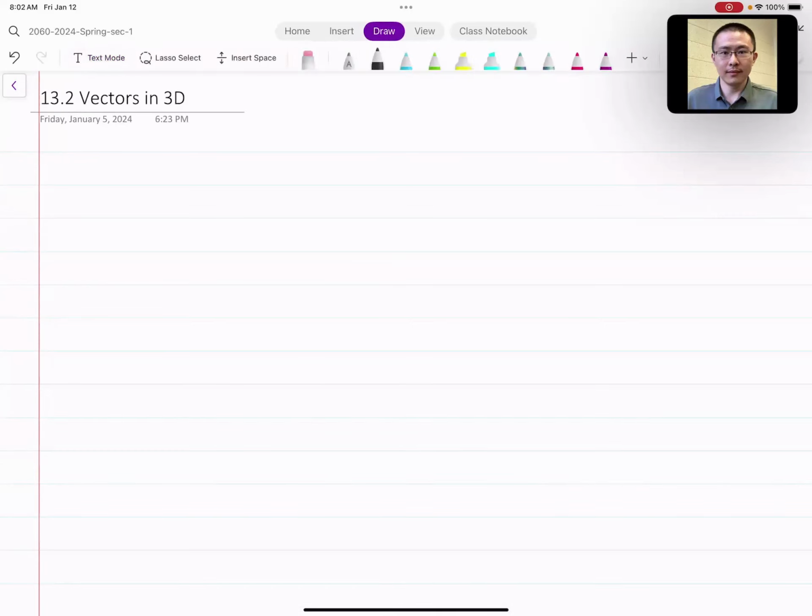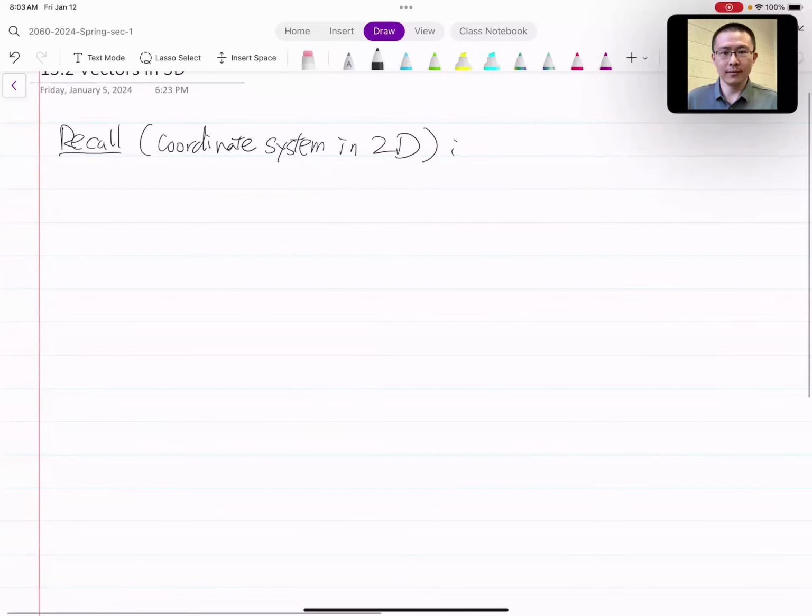Especially, let's recall what we have seen in the two-dimensional coordinate system. So in 2D, we have two axes, and they are perpendicular, and usually you see the horizontal axis to be the x-axis, the vertical axis to be the y-axis.